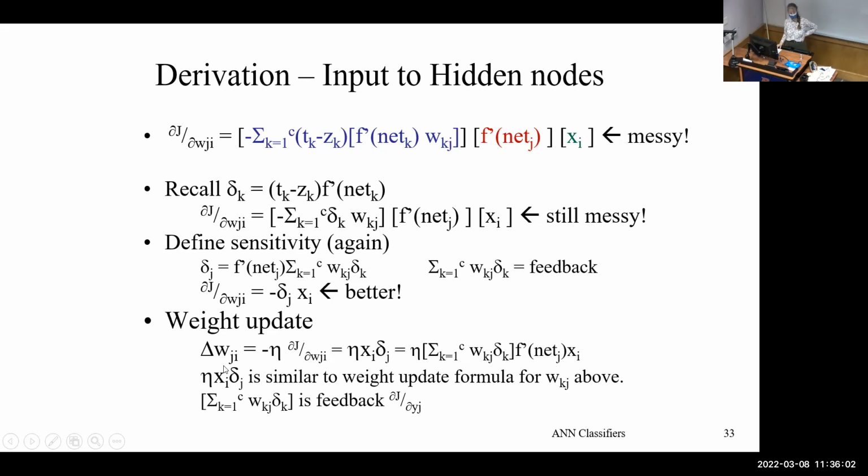A matrix. So we want to use an outer product. So use X as a column vector and delta as a row vector. And you can do it in one step.